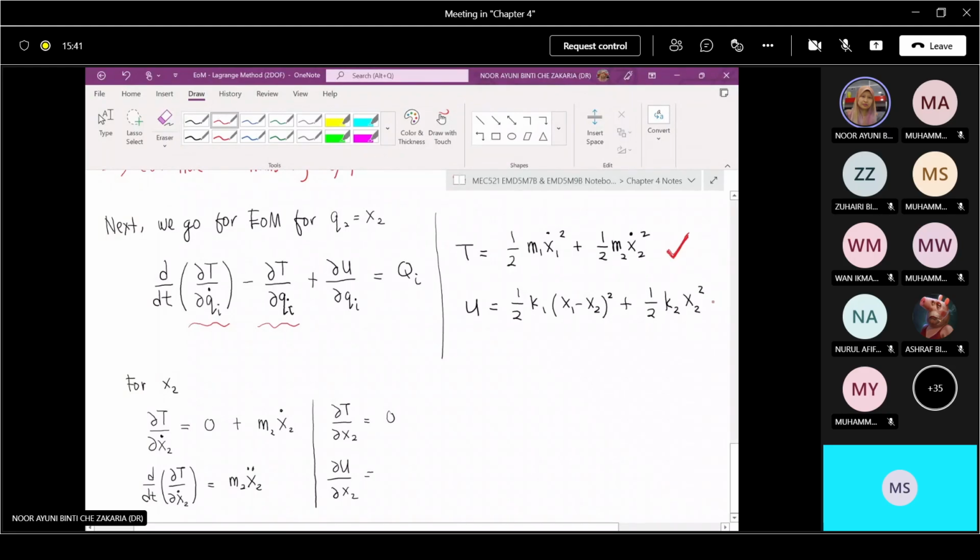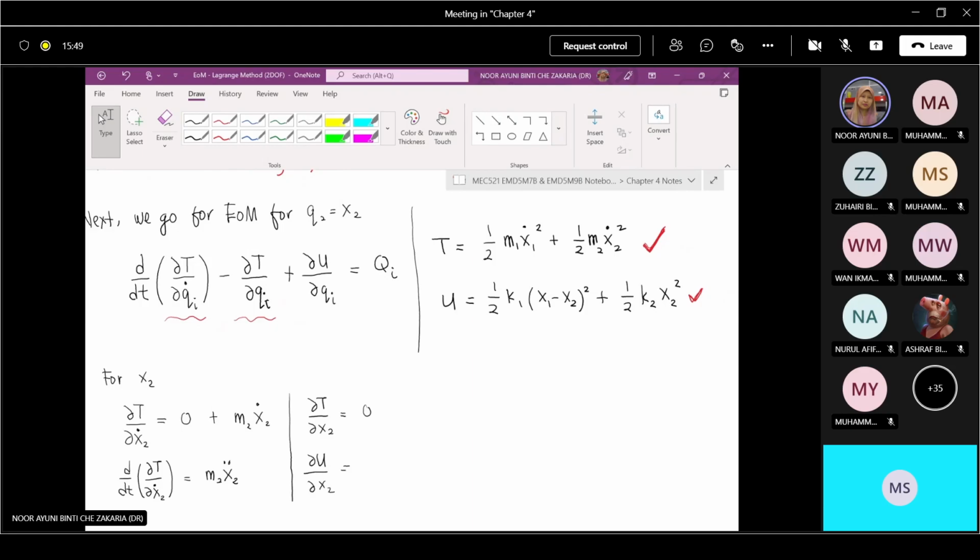Have a look here. It's easier if we expand it. Kalau expand lagi senang lah, nak tengok lagi senang you nak differentiate. If you're very good, then tak perlu expand pun tak apa.